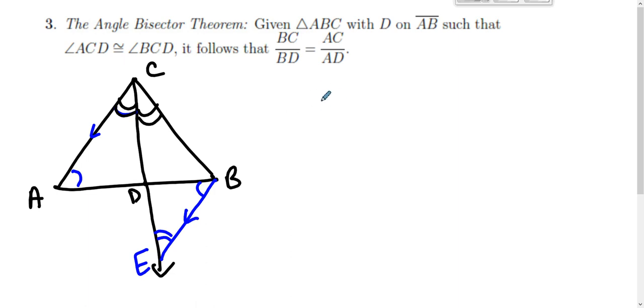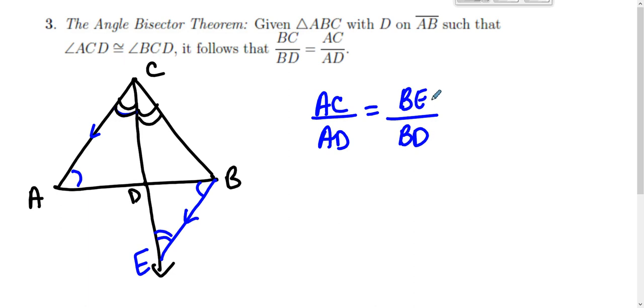That means that AC is to AD as BE is to BD. Gosh, we're so close. That's the missing piece.